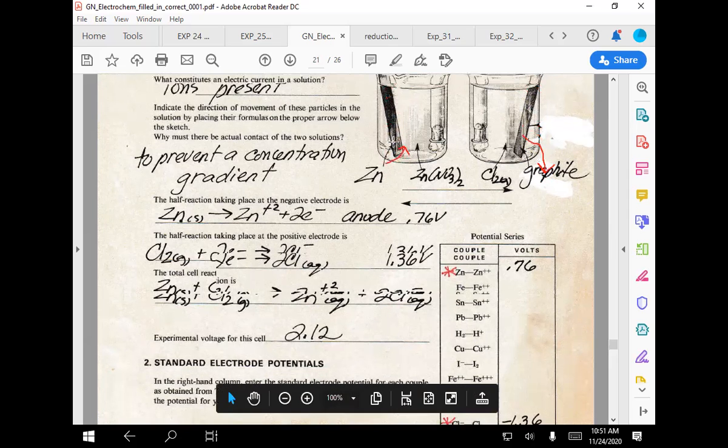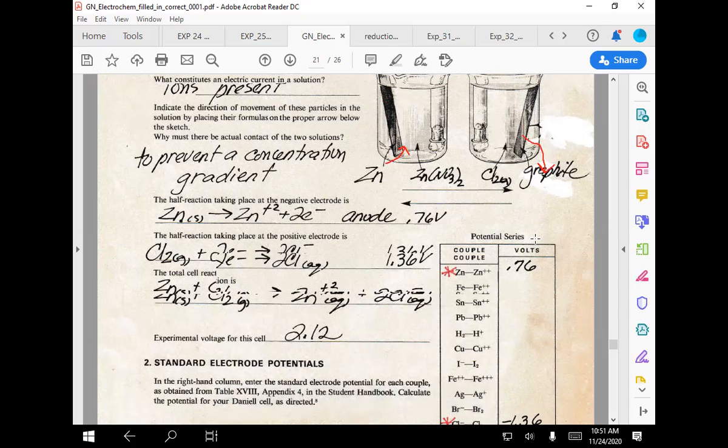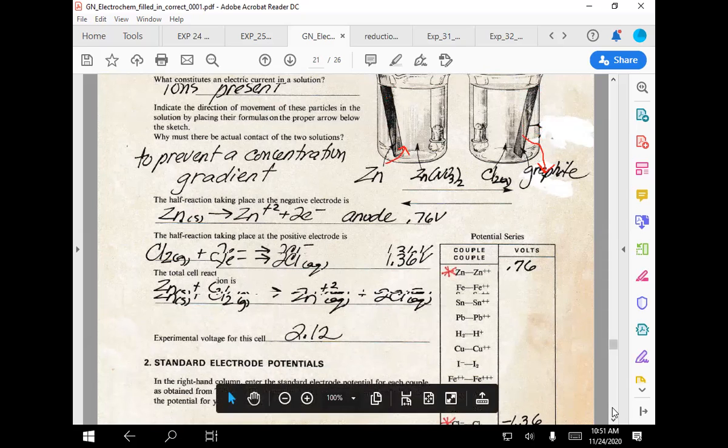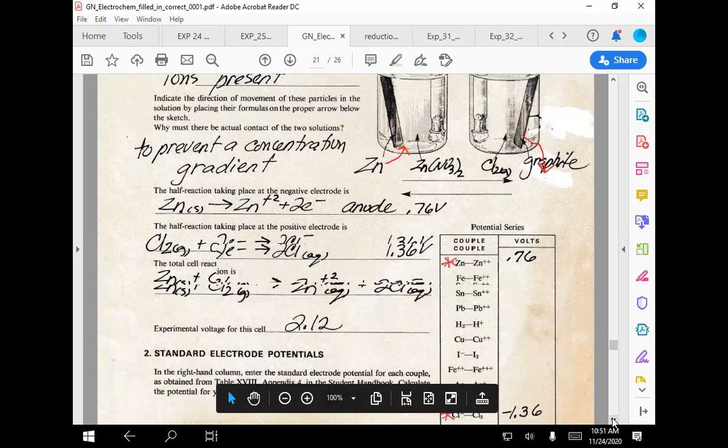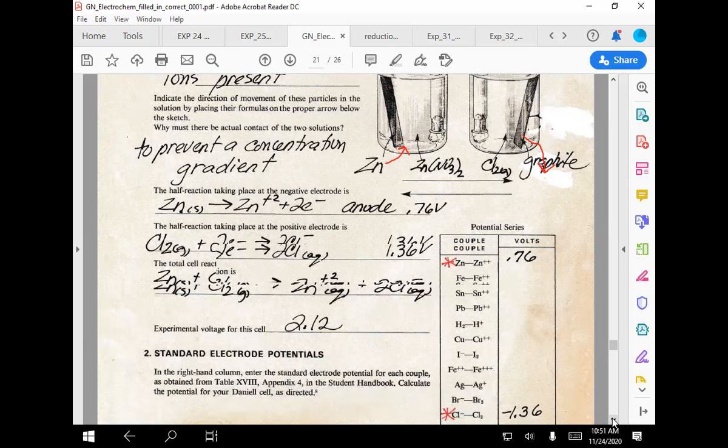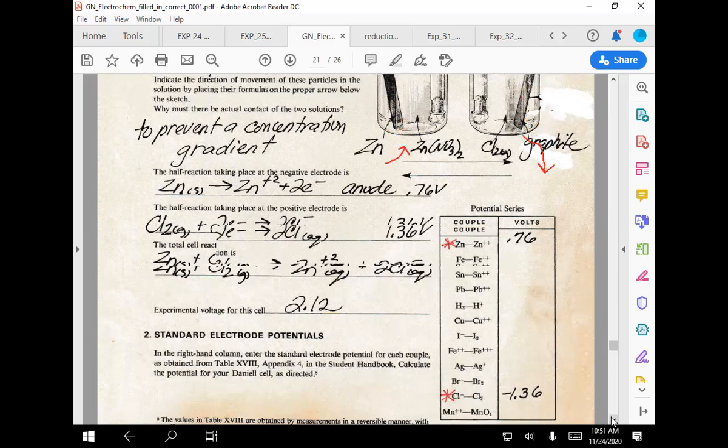Okay, so we use this one. The zinc going to zinc +2, we use that one. And then the chloride going to chlorine was the one we had to flip, so we had to change the sign. And then we add them up. And that's how we got the 2.12 volts.